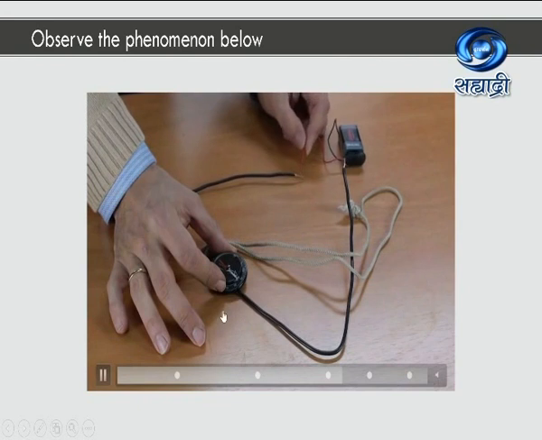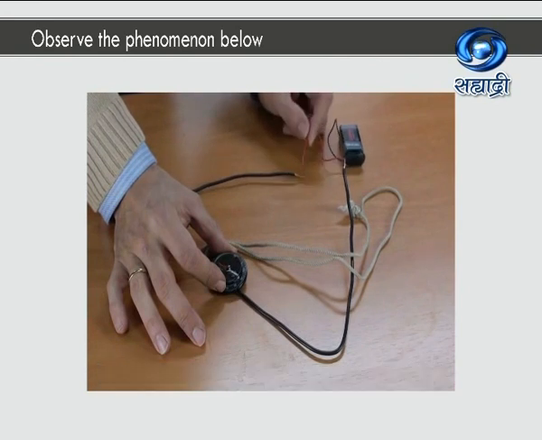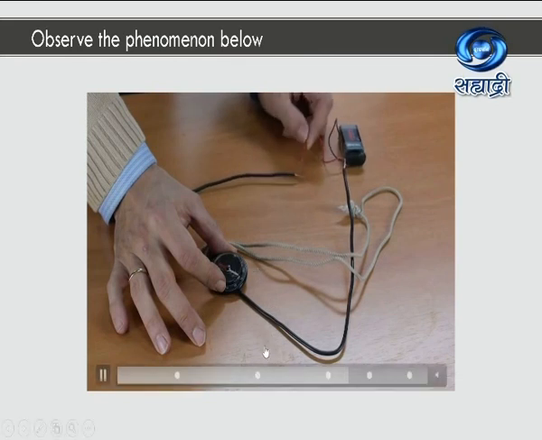Now here, if I keep the magnetic compass on top of that wire, remember, the flow of current is still in the same direction as when I had kept my magnetic needle below the wire. The needle had deflected to the right. Now when I have the compass on top of the wire, let us see what happens.